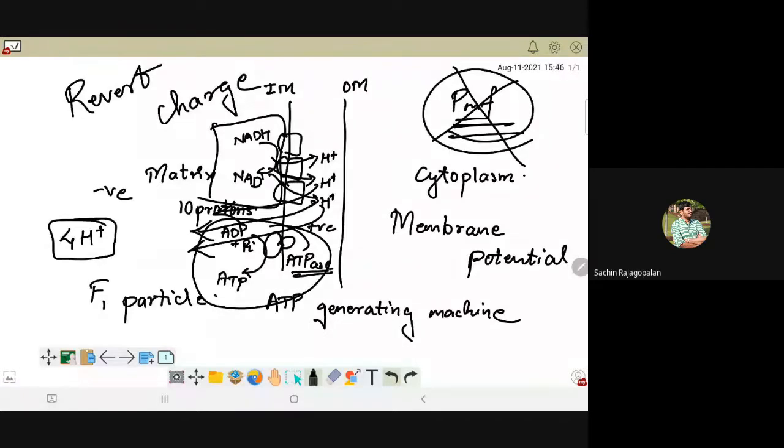Depending on how efficient the watchman is, whether he delivers the parcel immediately or delays it, the number of ATPs changes. So the shuttle system delivering the component to ETC will decide whether it is an energy efficient process or whether I lose some energy in the process.